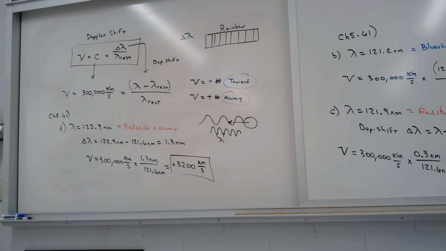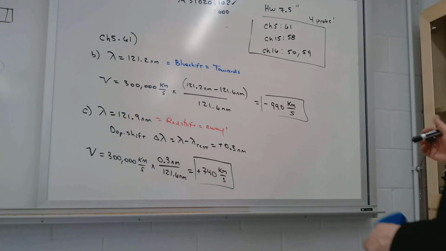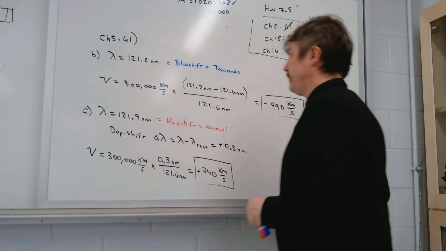So, all right, why don't you get that part down? I'm going to start over here while Kaylee finishes that. So number 61 is down, and now we're going to move on to number 15.